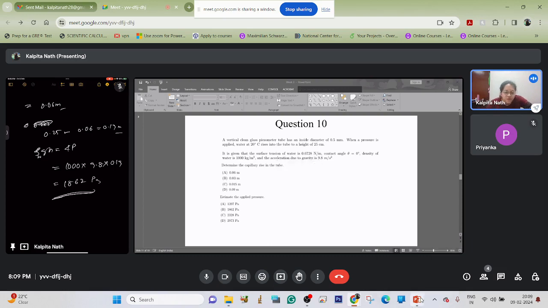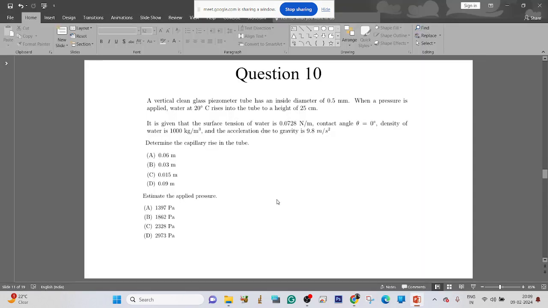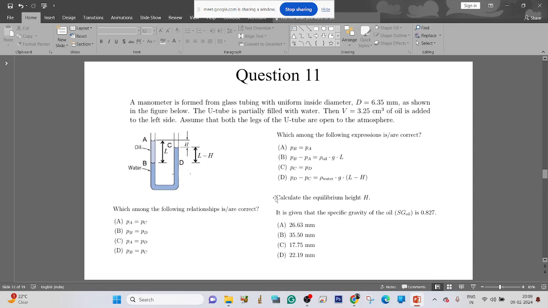Okay, let's move to the next question now. A manometer is formed from glass tubing with uniform inside diameter 6.35 mm for the manometer leg, as shown in the figure. The U tube is partially filled with water, then it is filled with oil.